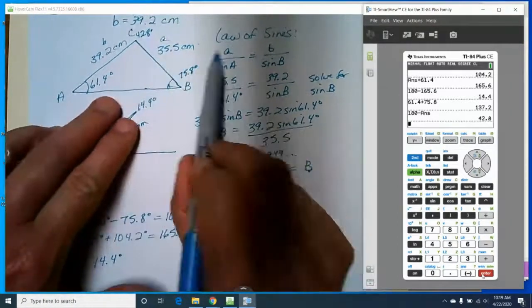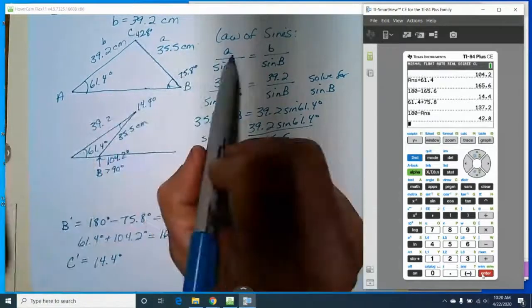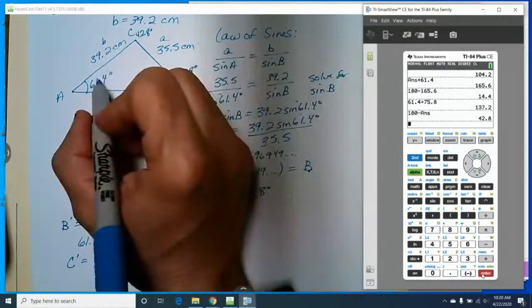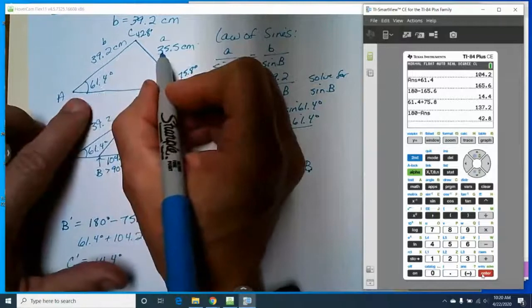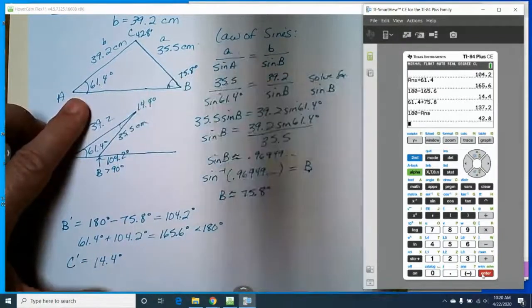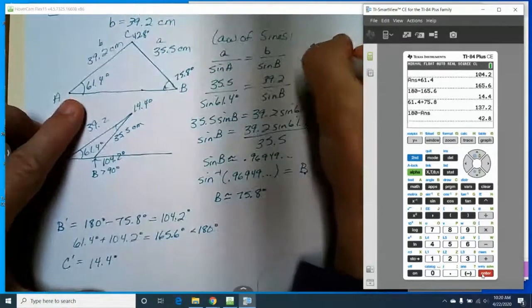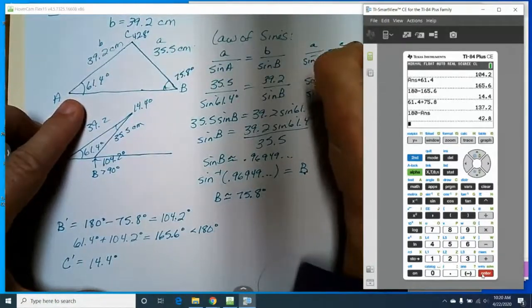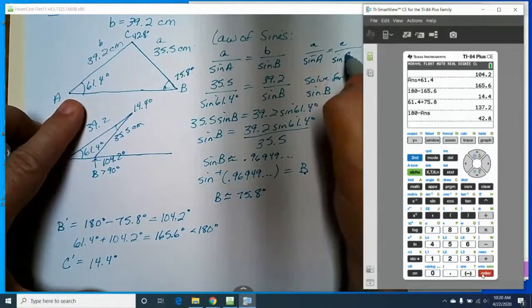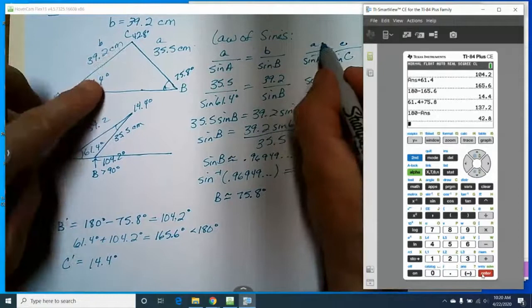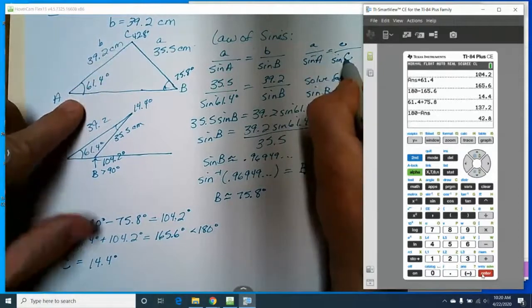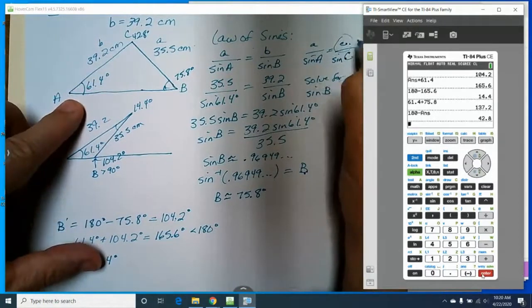So for that, we could go back to our law of sines again. And I would use the measures that we were given and not the ones we calculated. So I would do A over sine of A equals C over sine of C to figure out side C. So we know in this triangle, we know these three things, and we'd be trying to find that one.